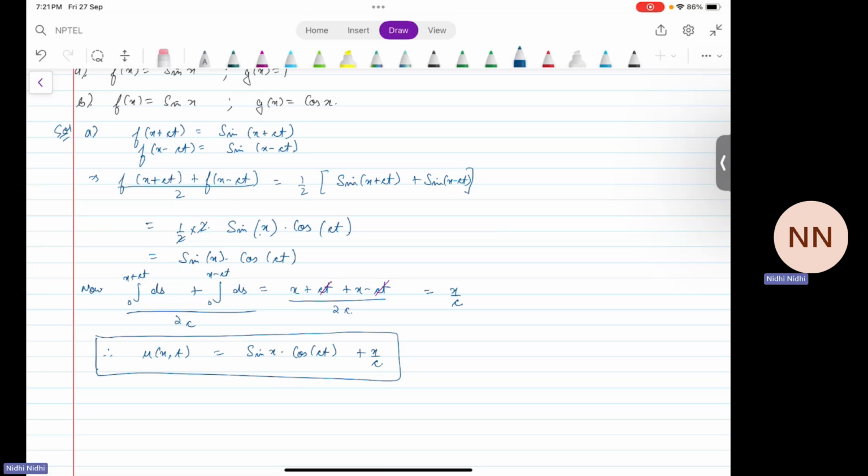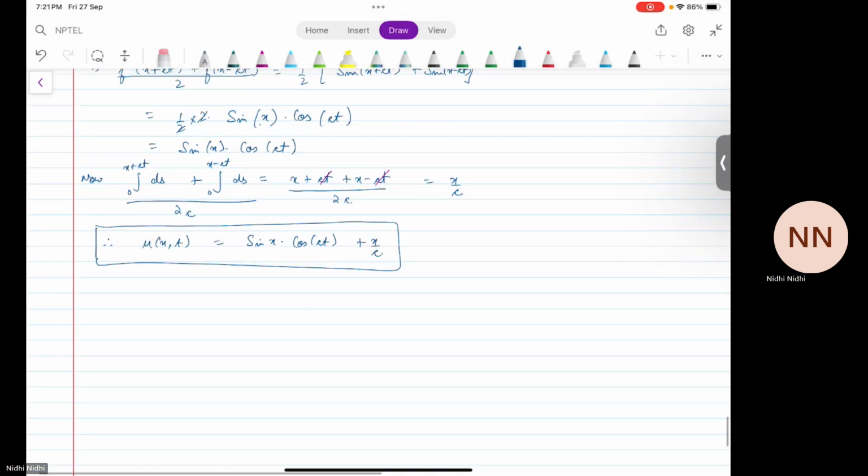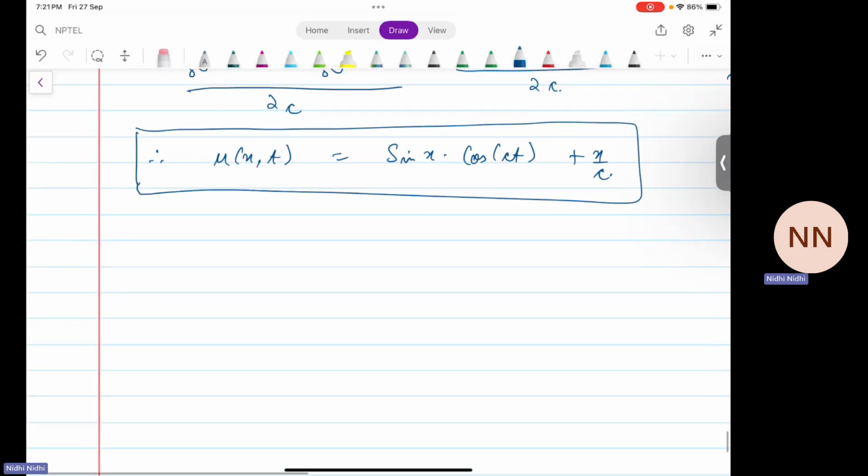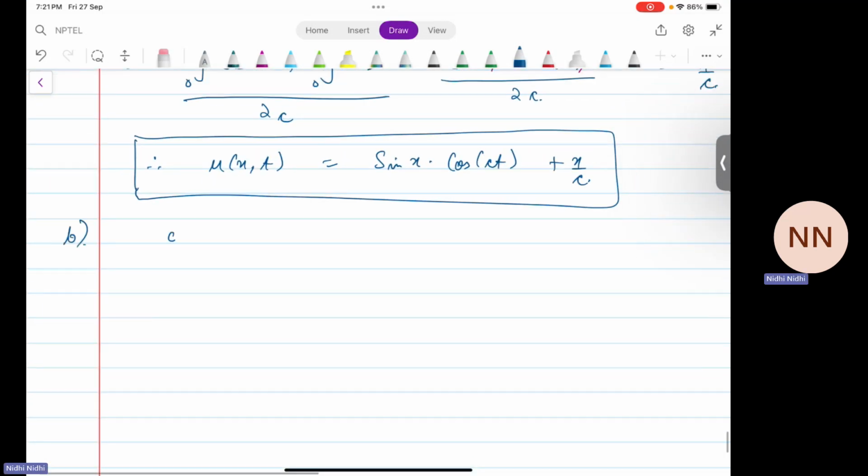So in B part again fx is same, so fx plus ct plus fx minus ct by 2 will be the same, sin x cos ct. We will have to evaluate the integral of g.